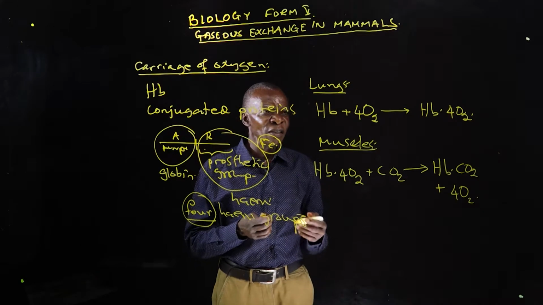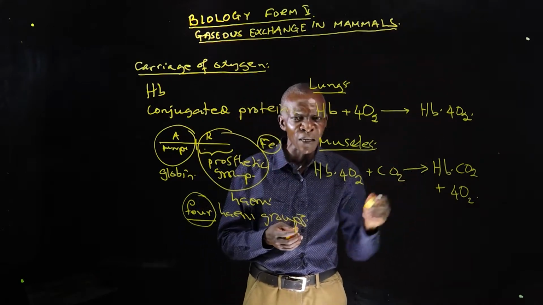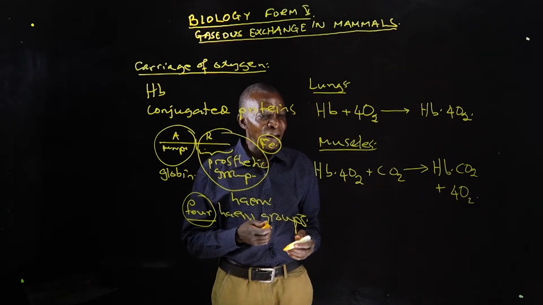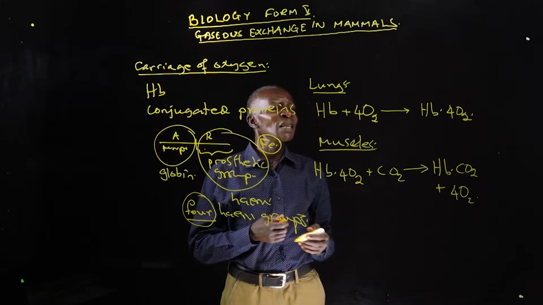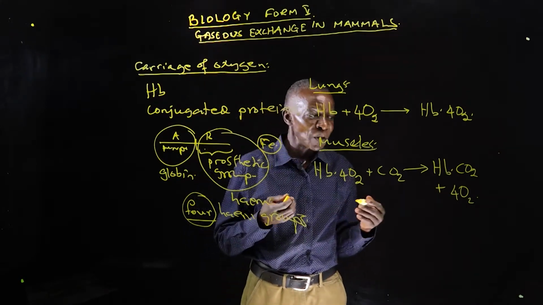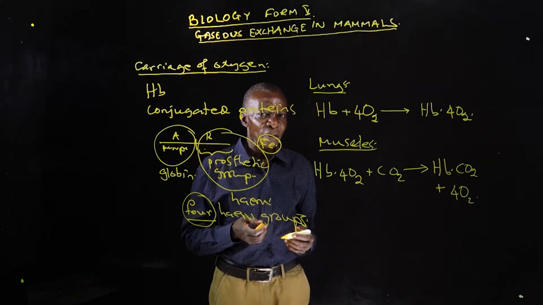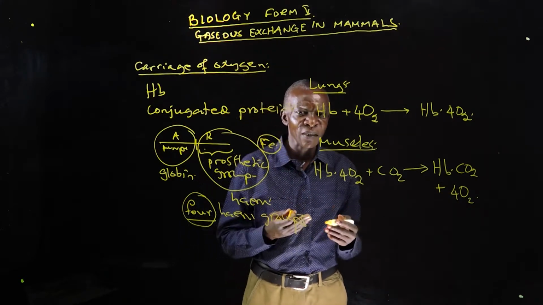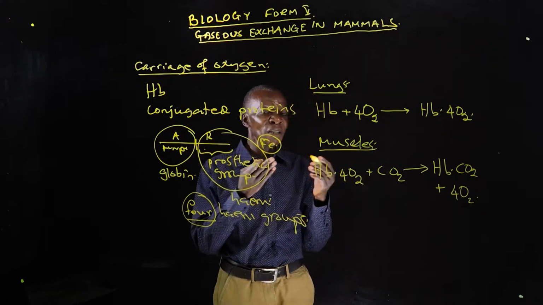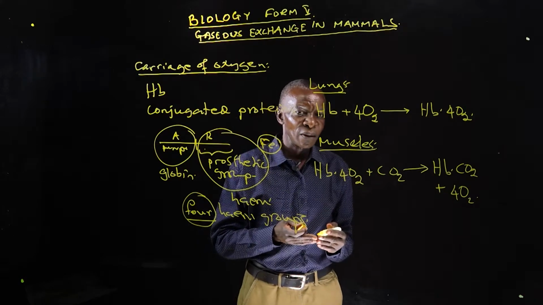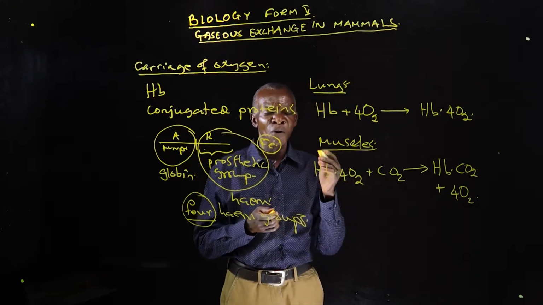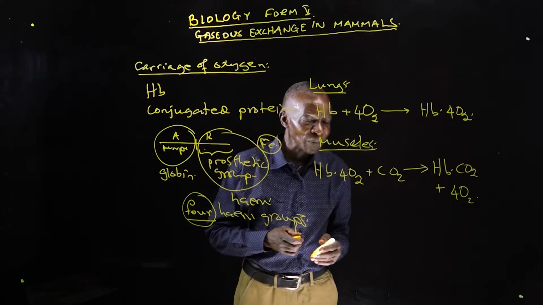Having its level increased with increasing concentration of carbon dioxide, but at the same time, having its level increasing with increasing concentration of oxygen. What advantage do we gain out of this behavior that is possessed by hemoglobin? Try to think of that.